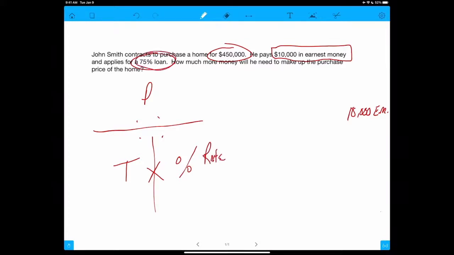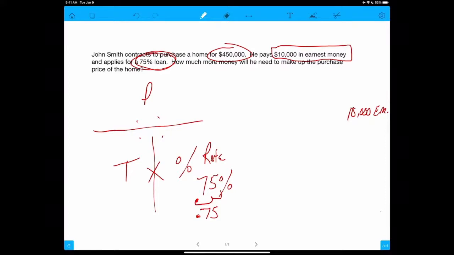We know that part of the puzzle is 75%. I'm going to move my decimal over 2 places because I think you do much better on the exam if you use decimals rather than trying to use the percentage key on your calculator. Not all the time, but I just have found students do better that way.